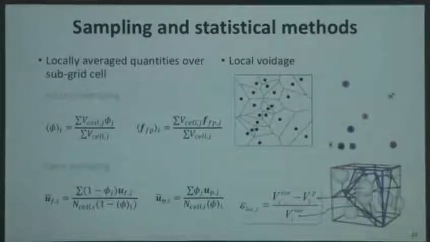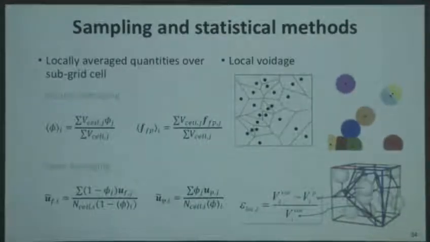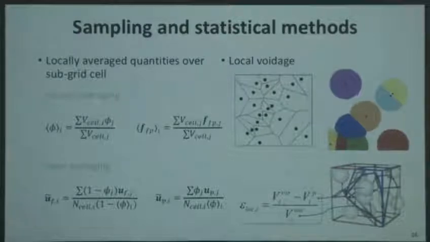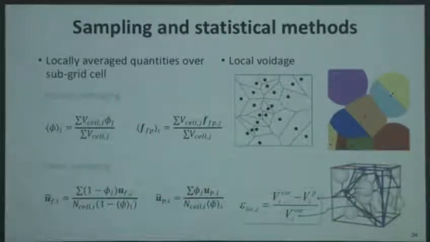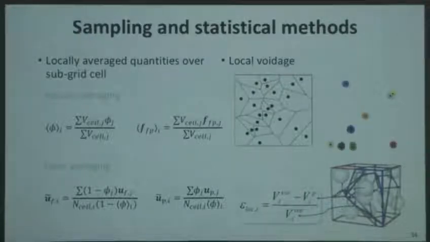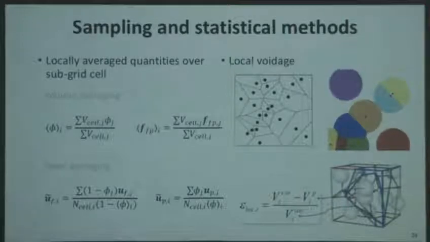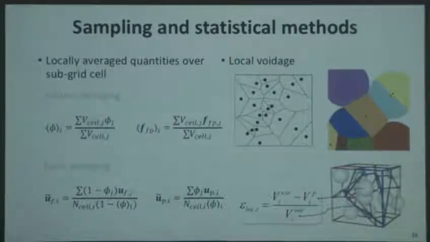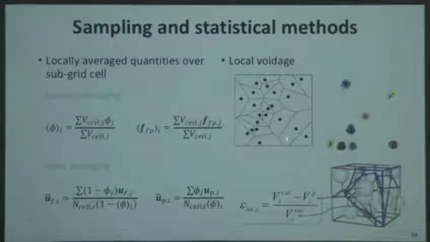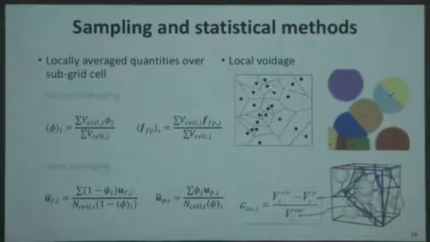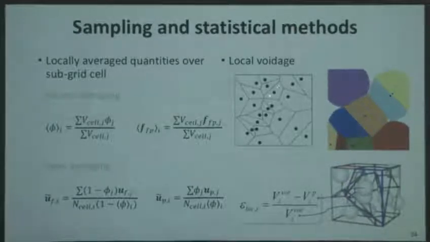And then we need to understand its local behavior. There is some ambiguity in how to define the local properties, so in this case we are using the Voronoi tessellation method. We can think of each particle with its Voronoi volume as its local area.